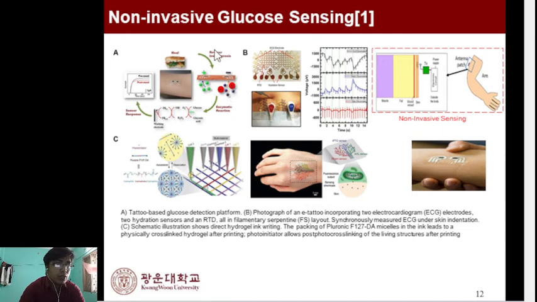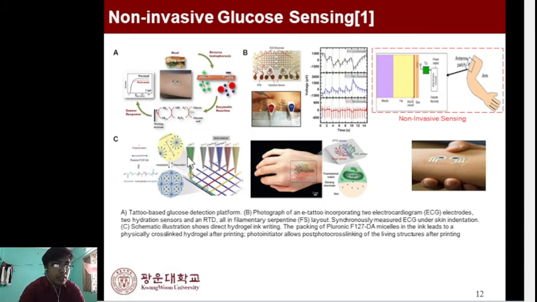The difference between the ions produces current and voltage, and these voltage changes are measured by the sensor, with pre- and post-treatment.